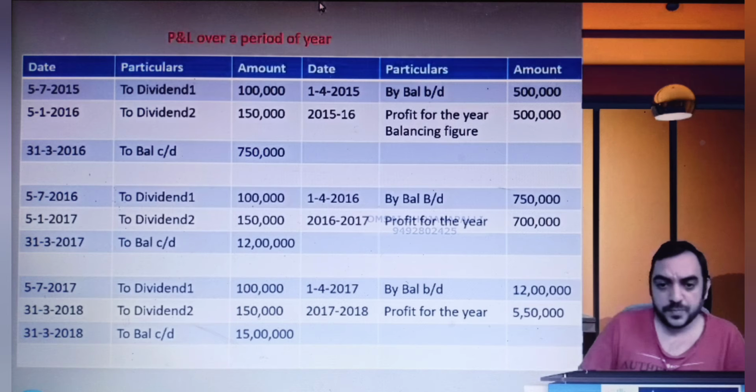Then 31st March 2017 given. Let us just write whatever is given first. To balance carried down 12 lakh. Then 15 lakh, 31st March 2018.